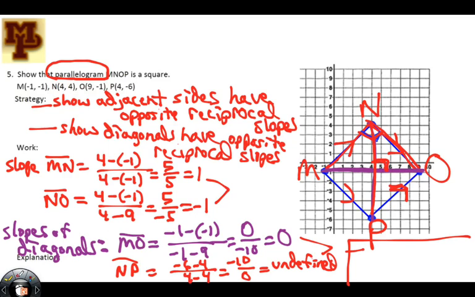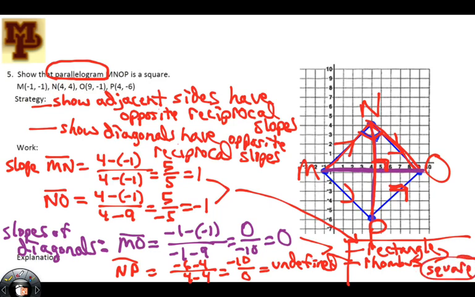We have a rectangle, because of the right angle with opposite reciprocal slopes, and then the diagonals give us the rhombus. A combination of those two is what makes a square. If you say something like that, that would do it for me.